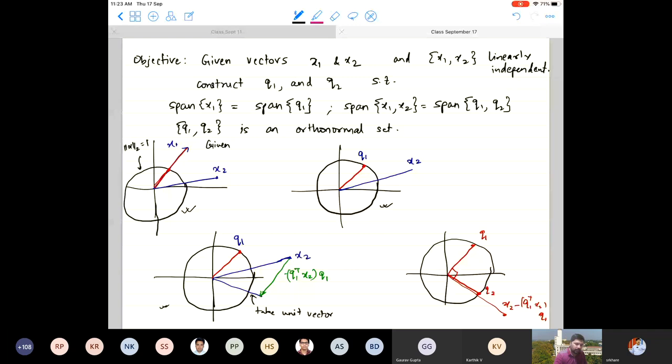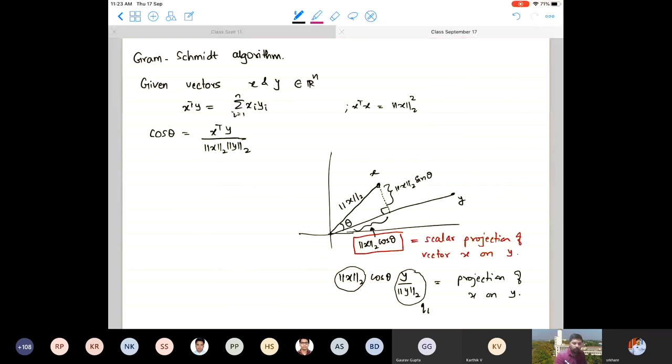Once I have that, what am I going to do? I am going to replace cos theta by this particular formula, where this is q1 and x2 is x. So the projection of x2 on q1 is norm of x2 cos theta into q1.